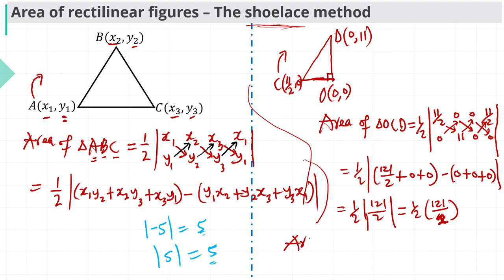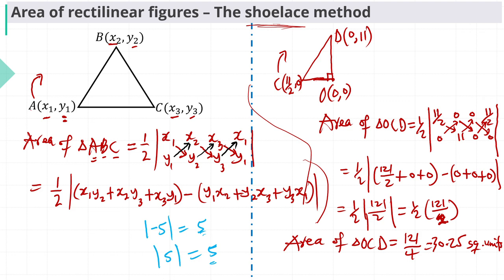So it means the area of the triangle OCD, we get 121 divided by 4, which is equivalent to 30.25 square units.